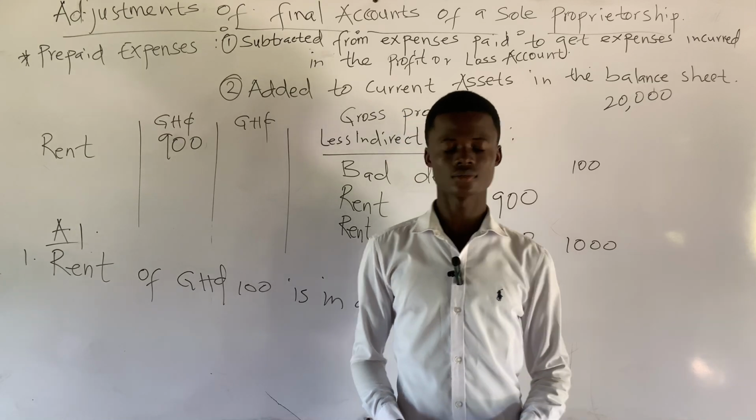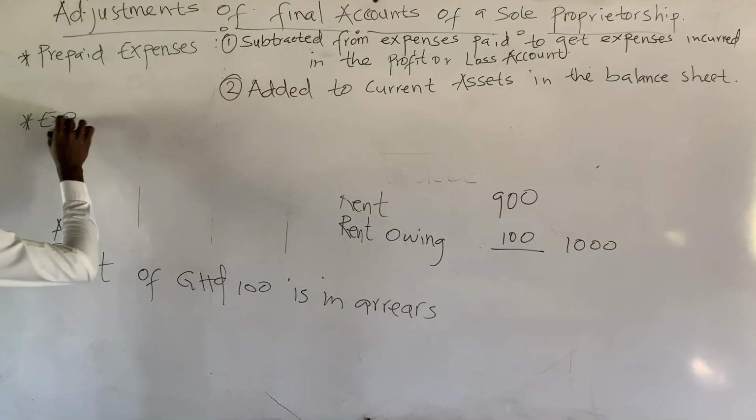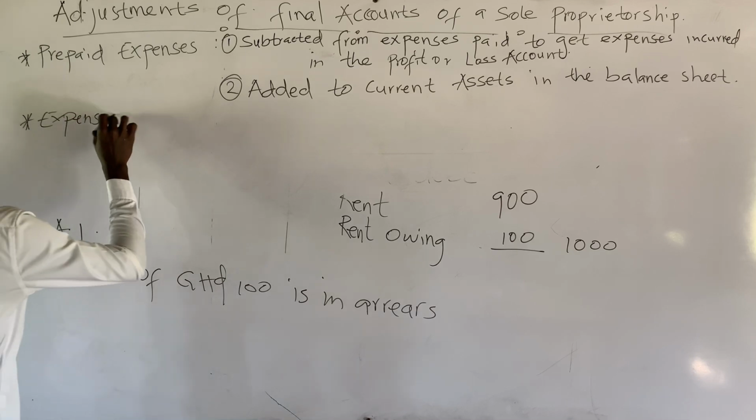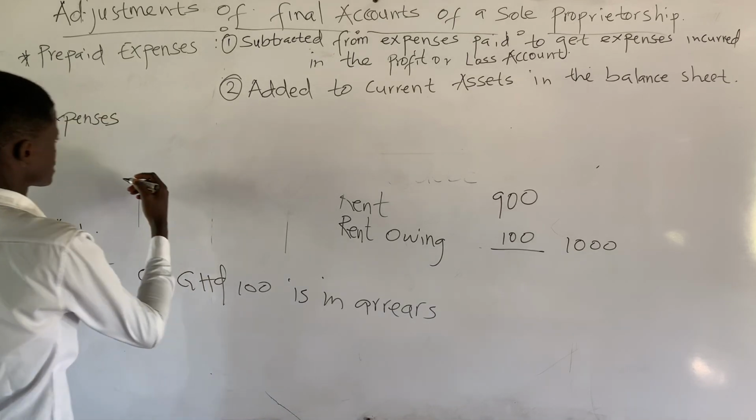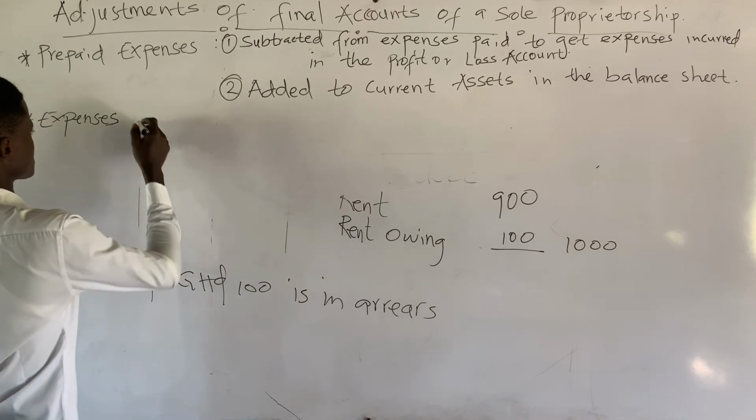Or the balance sheet. So we will say expenses owings or expenses outstanding or expenses due or expenses in arrears.